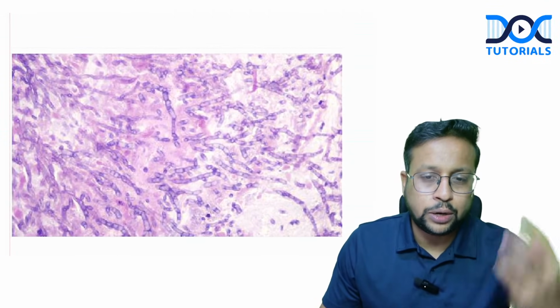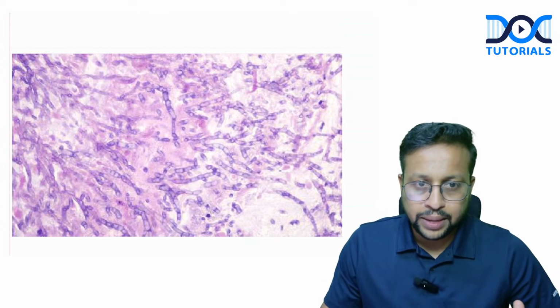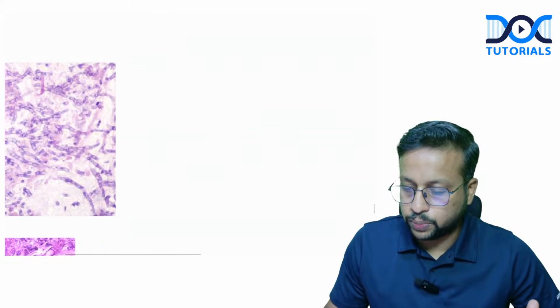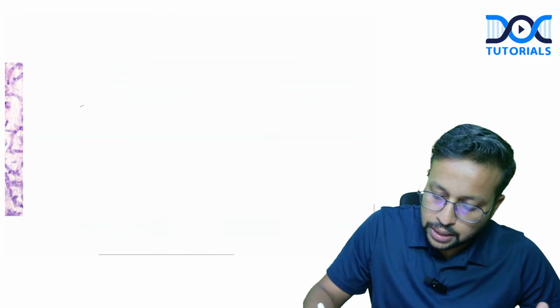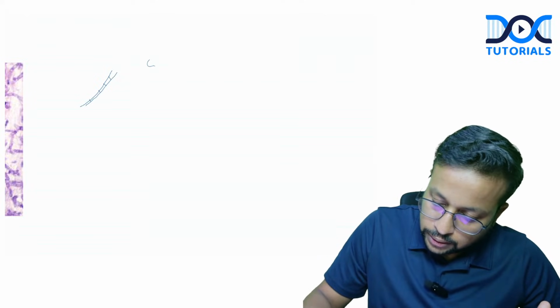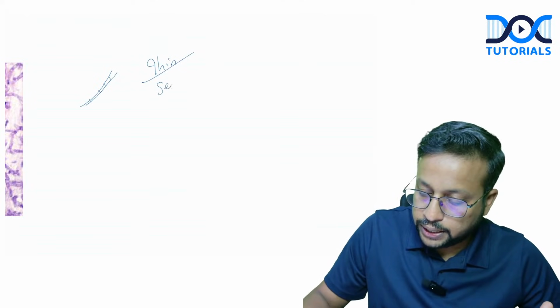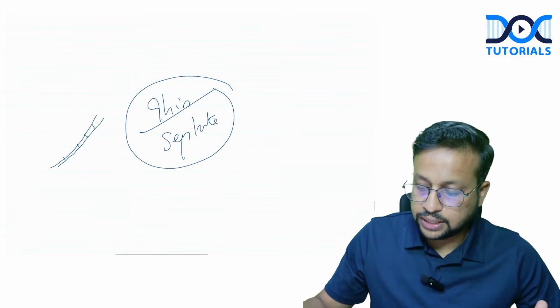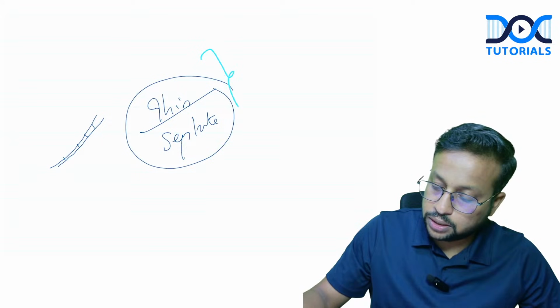Now, there are two fungi that you need to differentiate. If you look at this histopathology of a particular fungus, these are thin septate filamentous fungi, called molds.